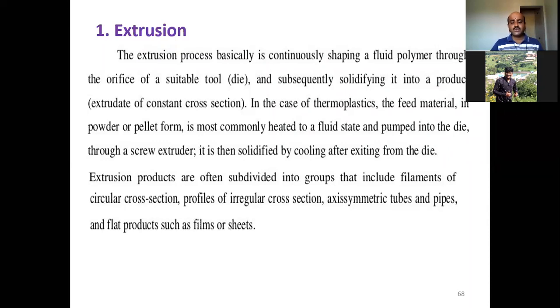In the case of extrusion, the fluid polymer is shaped continuously as it passes through the orifice of a suitable die or tool, and is subsequently solidified into a product or extrudate of constant cross section. One important thing we should remember is that the cross section will remain the same.